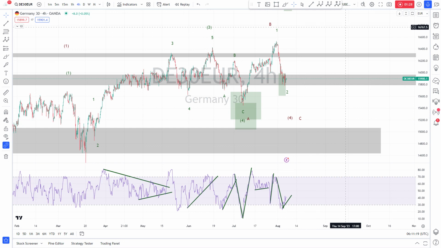So if you want more details on this, please have a look at my weekend analysis. For now, we will analyze this part here in the two scenarios.